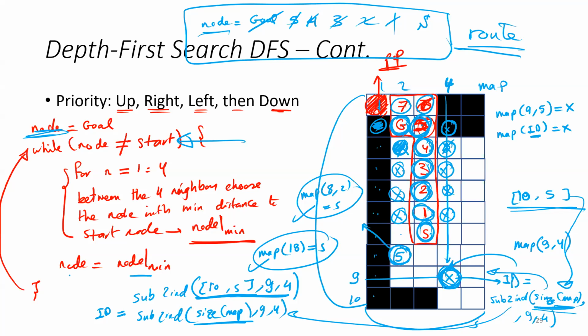And then it says choosing the node with minimum distance to the start node. That's like comparing the ID from the neighbor with the start node? No, not comparing the ID now. Comparing the distance, and the distance can be calculated in that way.